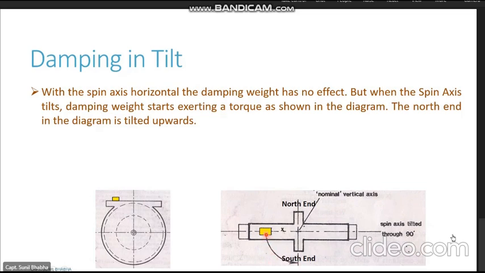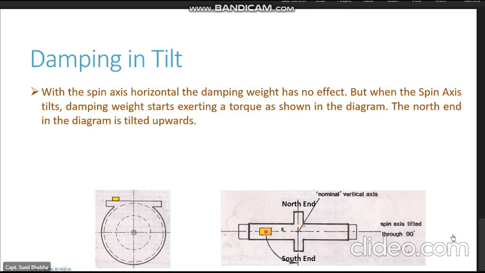So our damping weight, the yellow color weight, being offset to the west, now tries to push the south end downwards. You see in this particular case, the center of the rotor is here. The left part of the casing becomes heavier because of this weight fitted. The right part of the casing is lighter.